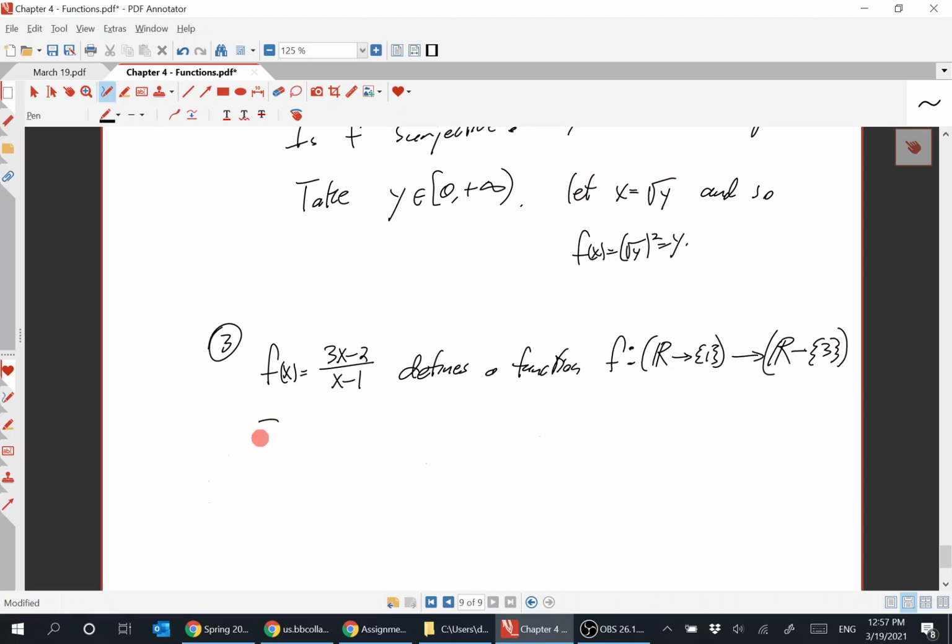Is it surjective? Show that f is surjective.